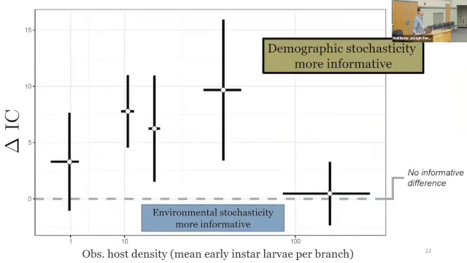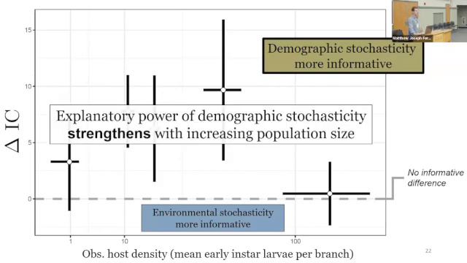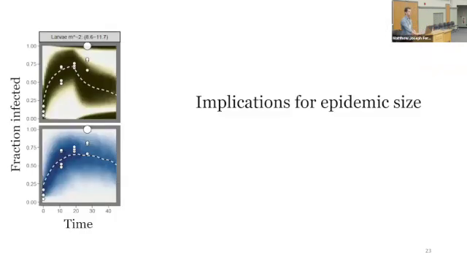We didn't see the relationship we expected at all. Actually, in the smallest populations and the largest populations, we had no informative difference between the two models. And we actually see an increase in the explanatory power of demographic stochasticity with population size. And these strengthening effects of demographic stochasticity's explanatory power run contrary to what we would expect from stochastic theory.